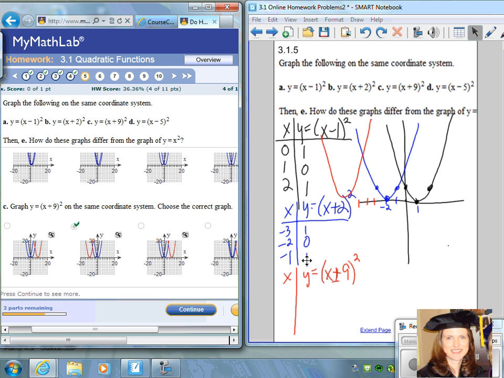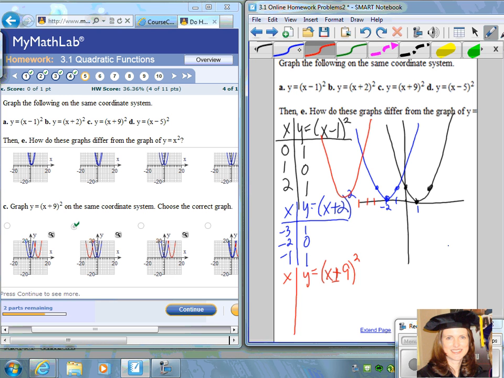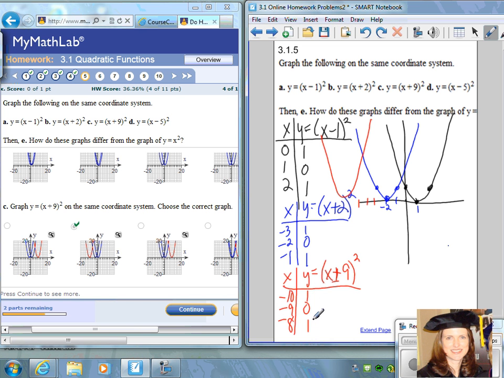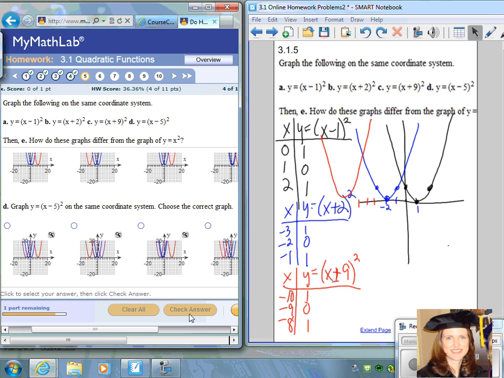I would choose maybe -10, -9, and -8, and find those corresponding y values to make the decision. And then I believe there's one more graph to make, and that is y equals (x minus 5) squared.